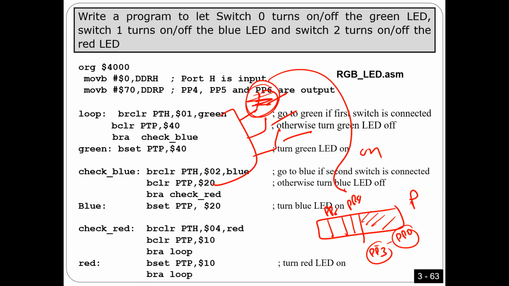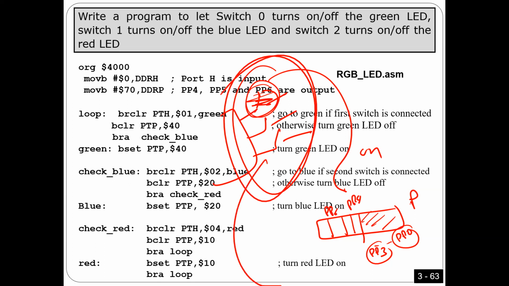All I'm going to do is read the status of the switches, and based on the value of the status of the switches, I'm going to write some values on these 3 bits. Again, I have 3 switches, and every switch turns 1 color on and off.